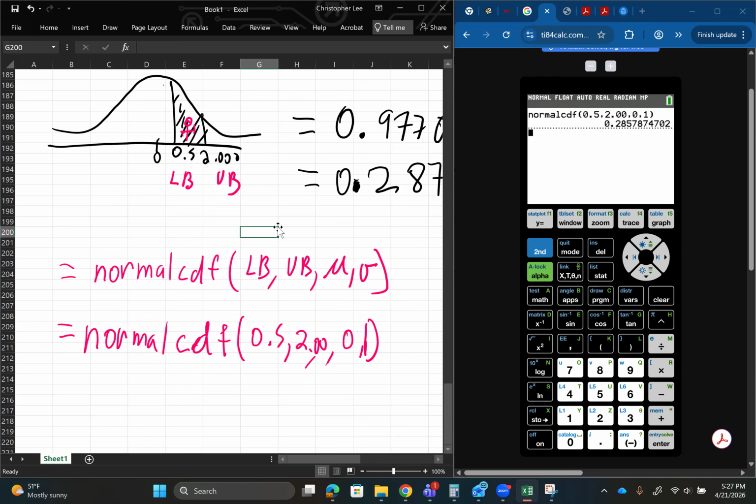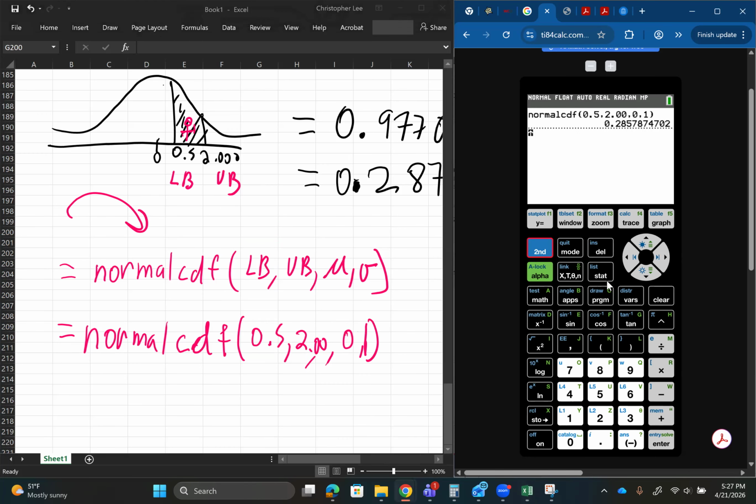All right. This convention, you have to memorize, Carmen, because your calculator doesn't have the interface to do it for you. It doesn't have the interface that mine has. When I do second distribution and go to normal CDF and hit enter, you don't have this, so you have to memorize this first line up here.